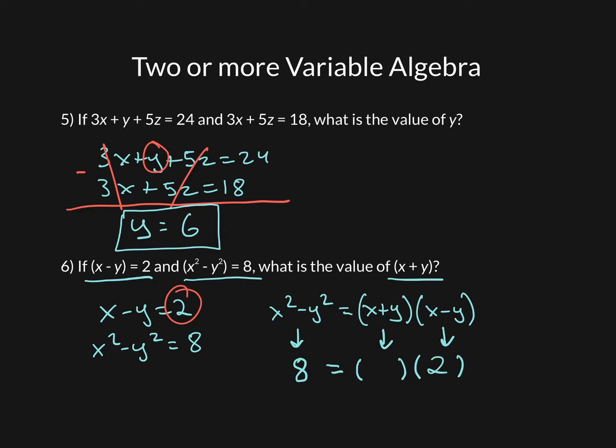So 8 equals a number times 2. So this number is going to have to be 4. Therefore, x plus y is simply 4. And we can come to this conclusion without caring or needing to know what the individual value of x or the individual value of y is. We just know that x plus y is equivalent to 4.